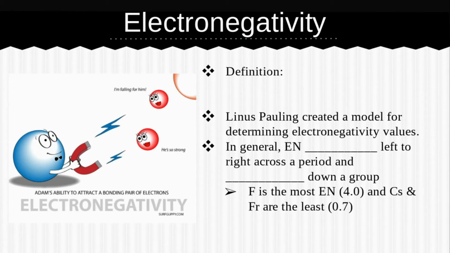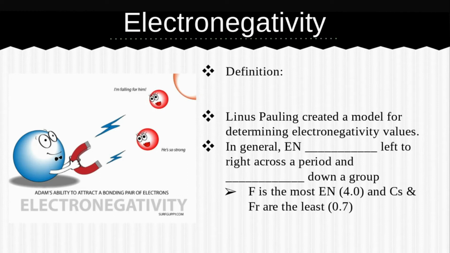A guy named Linus Pauling created the method for figuring out what the electronegativity values are. But typically, if we look at our periodic trends, the electronegativity will increase from left to right, going across a period, and it'll decrease going from top to bottom down a group.